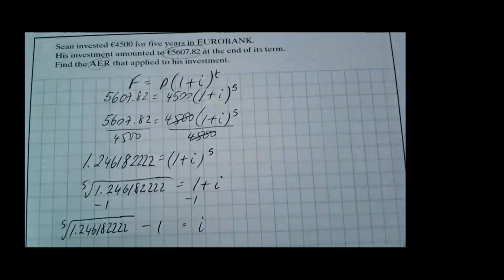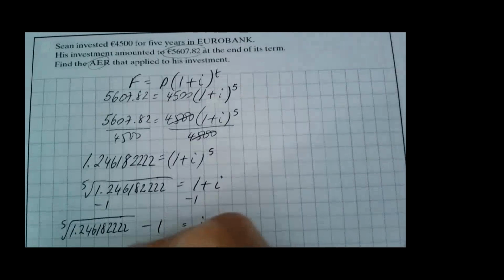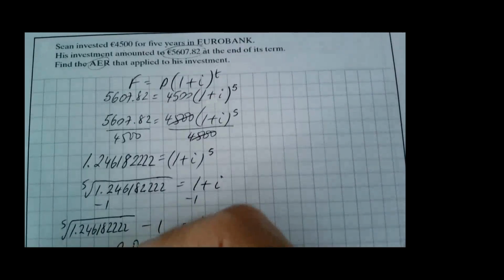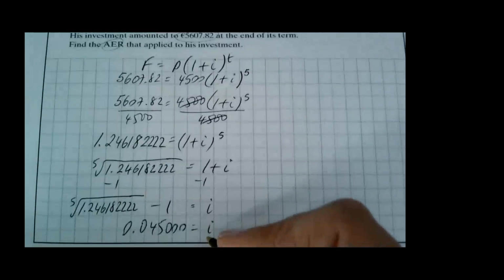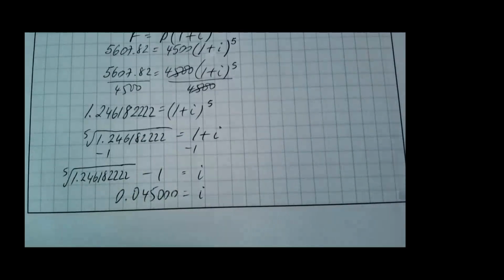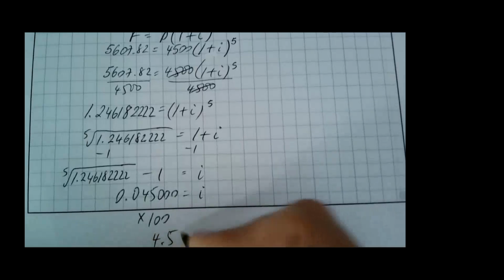So 0.045000. That, of course, is the decimal form. So multiply by 100, 4.5% was the annual rate.